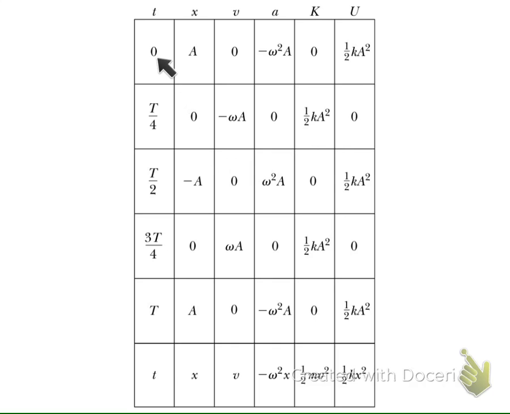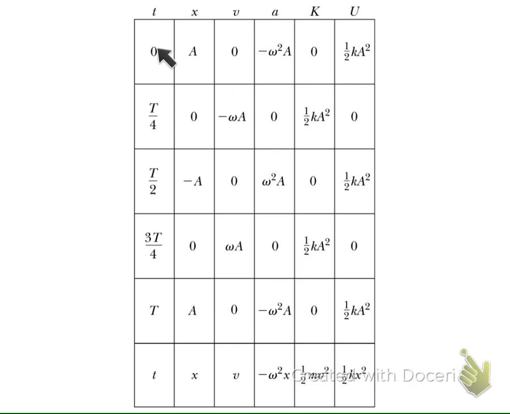At t equal to 0, at the initial time, if we place the object at the maximum displacement, we have x equal to A. If we start the motion with v equal to 0, it means that initially the object is at rest. You will have the acceleration equal to minus omega squared A, the kinetic energy is 0, and the potential energy is maximum here at the initial time.